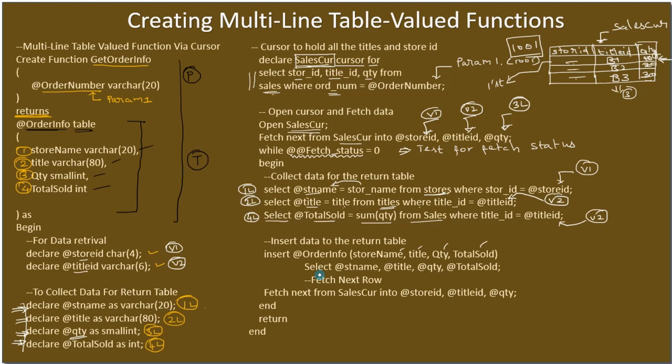Select our local variable name, st name, title, quantity, total sold. So this select statement will insert a row, or it will give, since it's a select statement, a comma separated list, it will give 4 cell values filled based on the local variables.